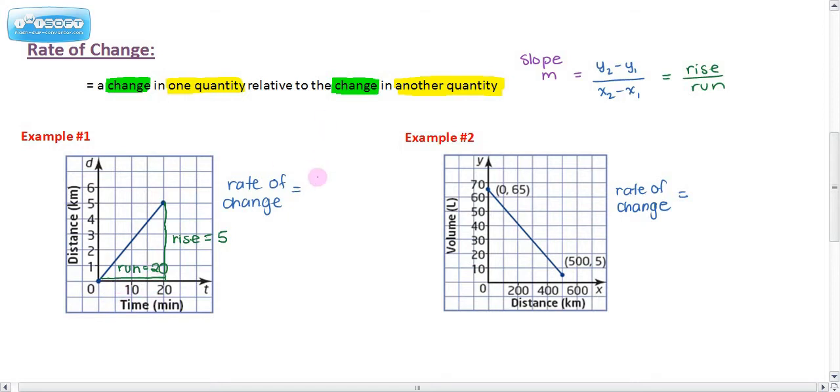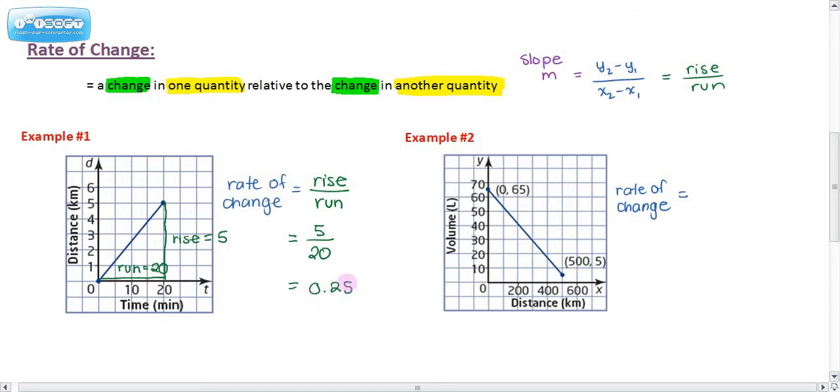So the rate of change is essentially similar to our slope equation, which is either the difference in the y values over the difference in x values, or we can talk about rise and run. So in this example here, our rise was 5 and our run was 20. When I take that value, I get 0.25.